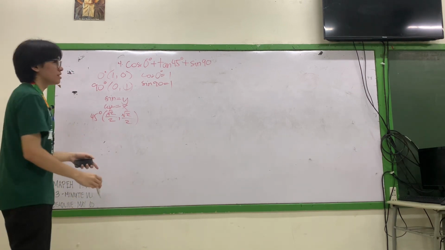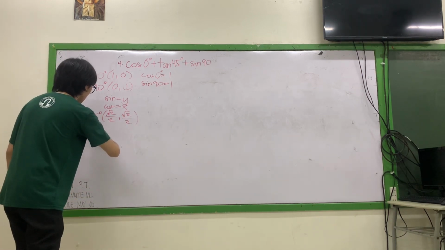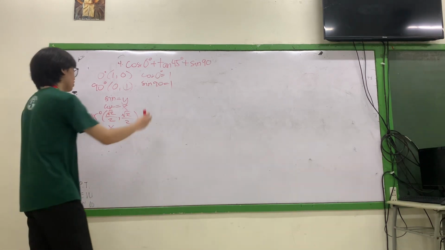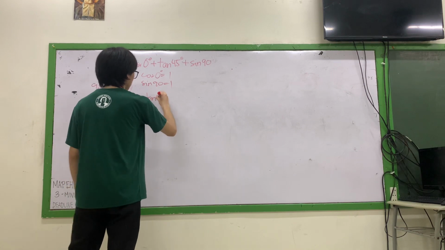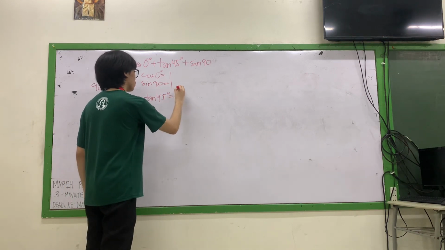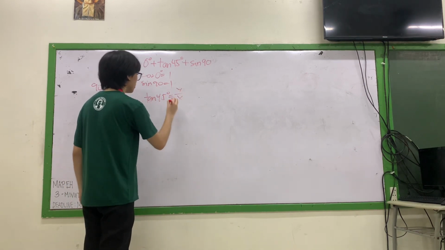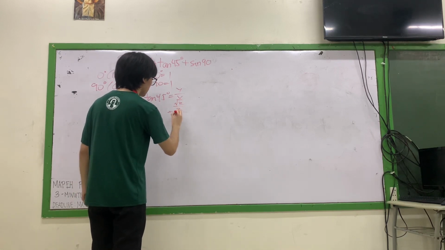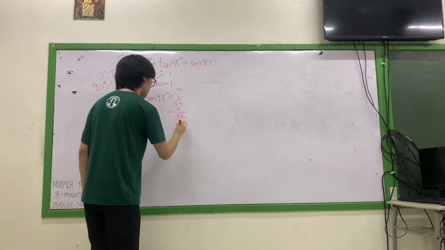Because tan is equal to y over x, we can simply substitute y and x in this equation. So tan 45 equals y over x, which will be square root of 2 over 2 over square root of 2 over 2.